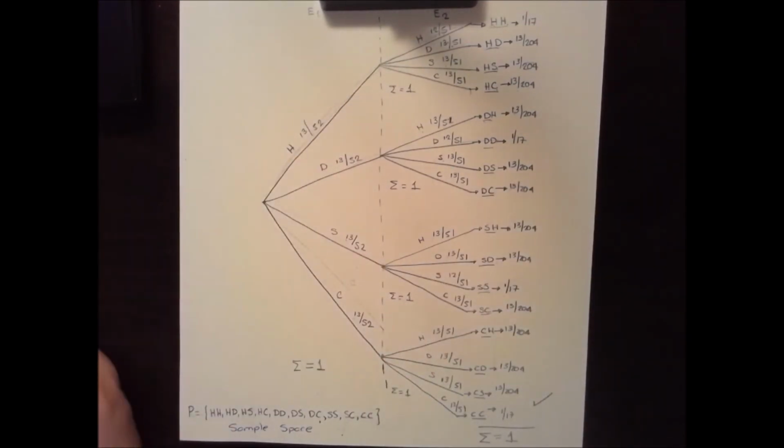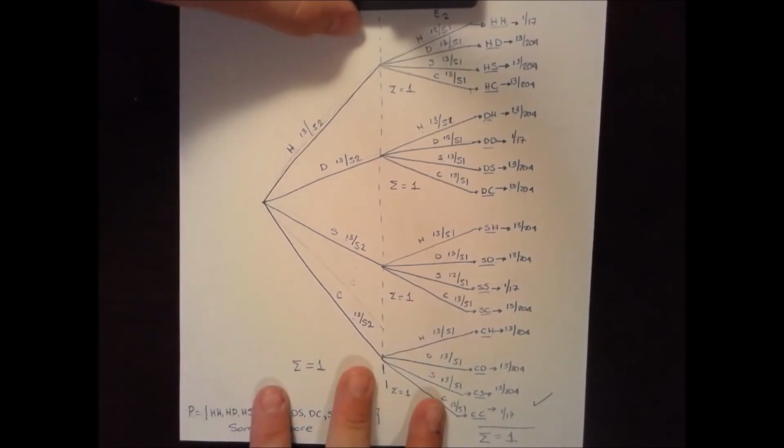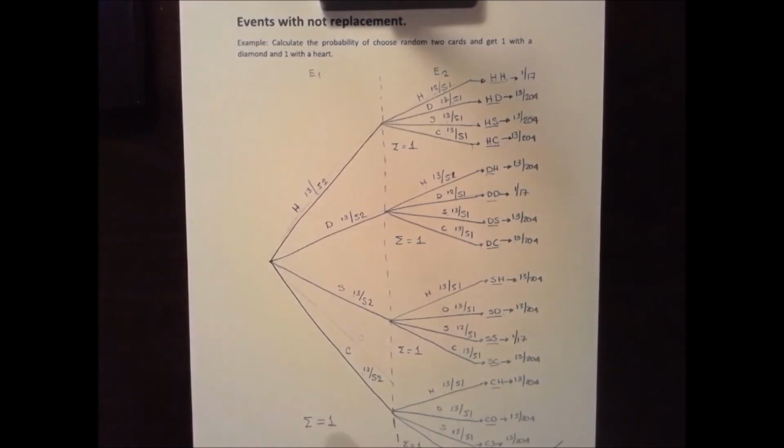So here, question number 3 was answered. What is the sample space? The sample space was, or is, this one. Okay, but the original question was: calculate the probability of choosing at random 2 cards and getting one with a diamond and one with a heart.